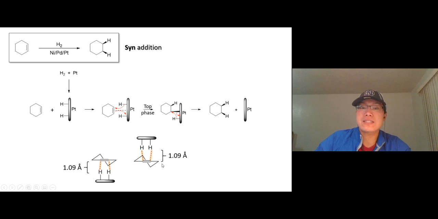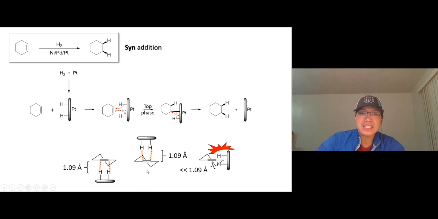And of course, the platinum is not going to go on the side. That's not 1 angstrom, it can't form a bond like that. So the catalyst approaches the alkene on the same side, either the top face or the bottom face.